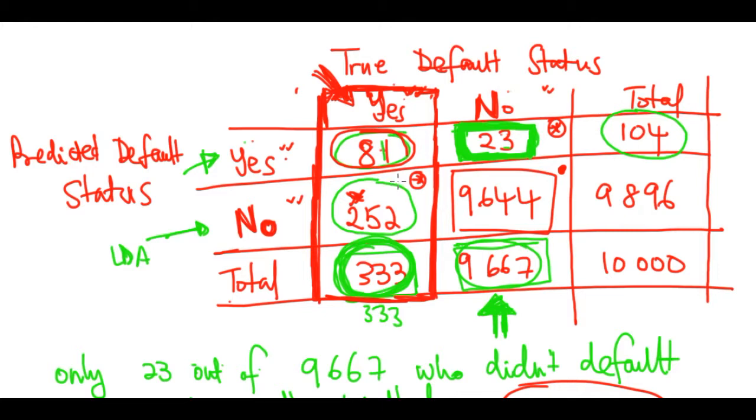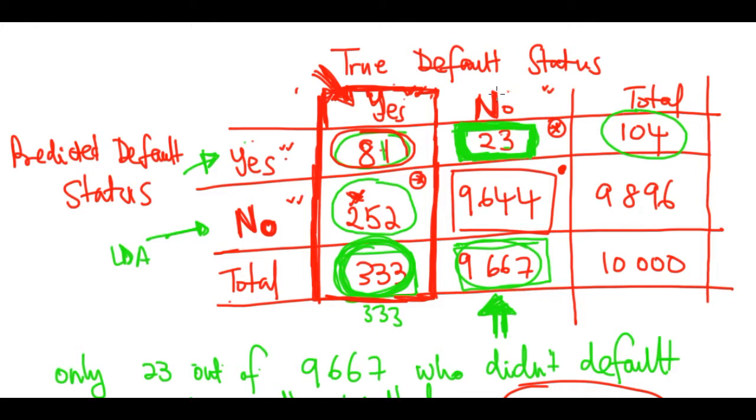If they classify someone who will not default, it is probably less problematic, because if we misclassify someone who's not going to default and we predict that they are going to default, at the end of the day it's not going to have much impact on our company, because the person is not going to default.